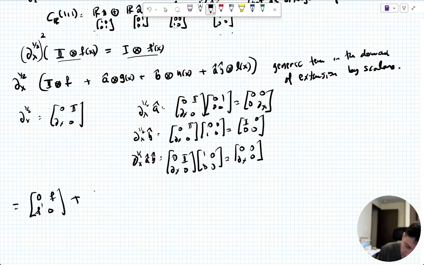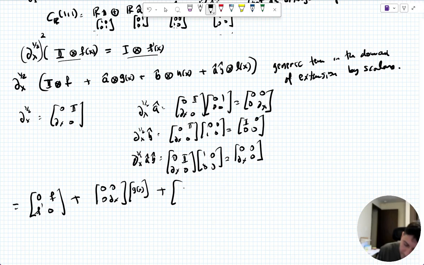Plus, in this case, it's going to be equal to 0, 0, 0 d/dx acting on, in this case, the identity g(x). So let's call it g of x, basically.